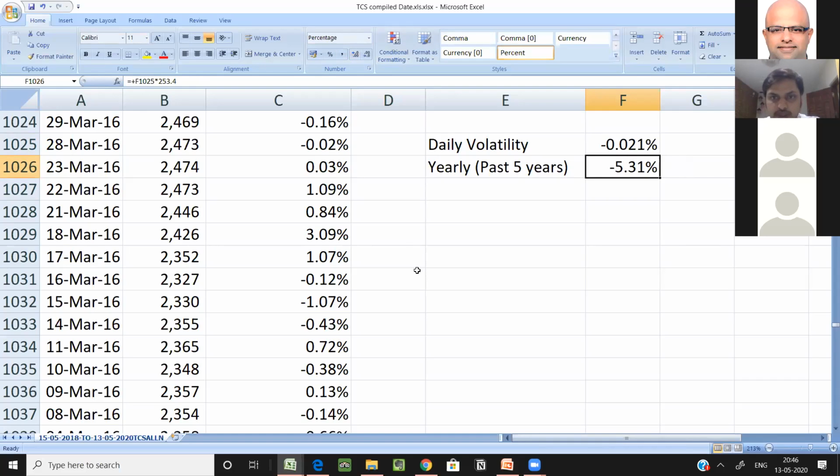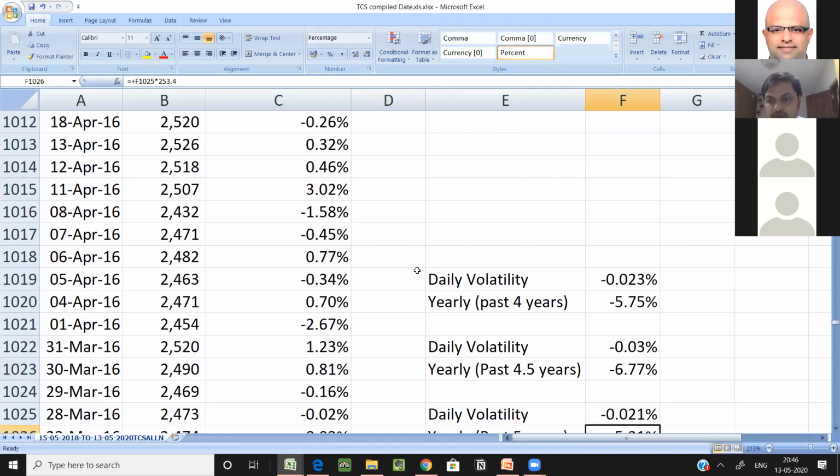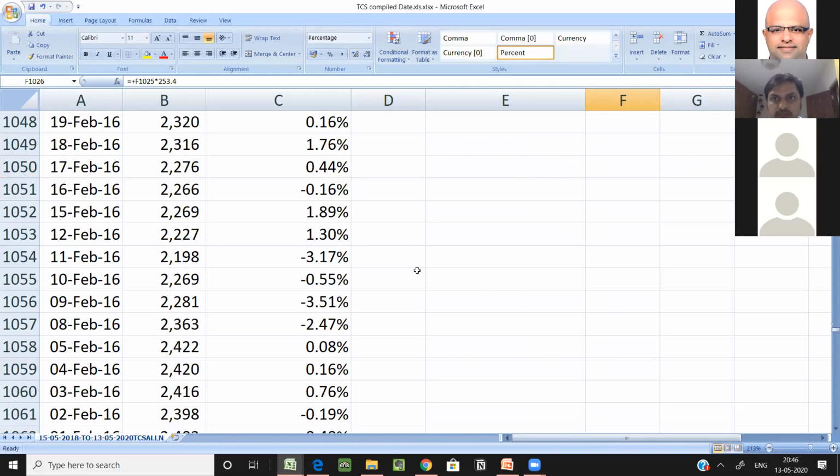That is 5.31% past 5 years of volatility.